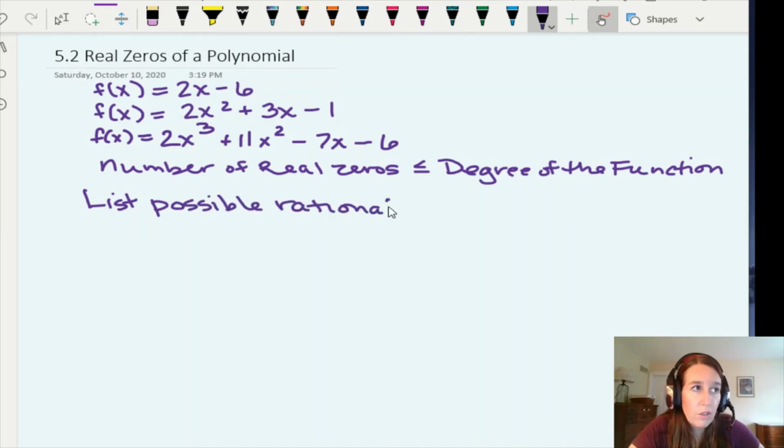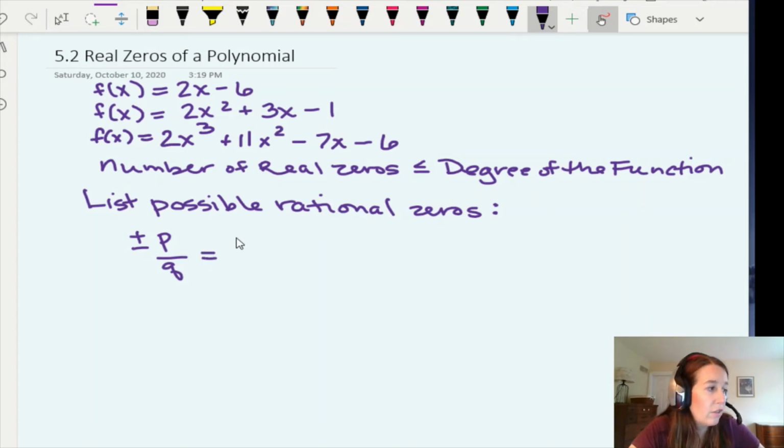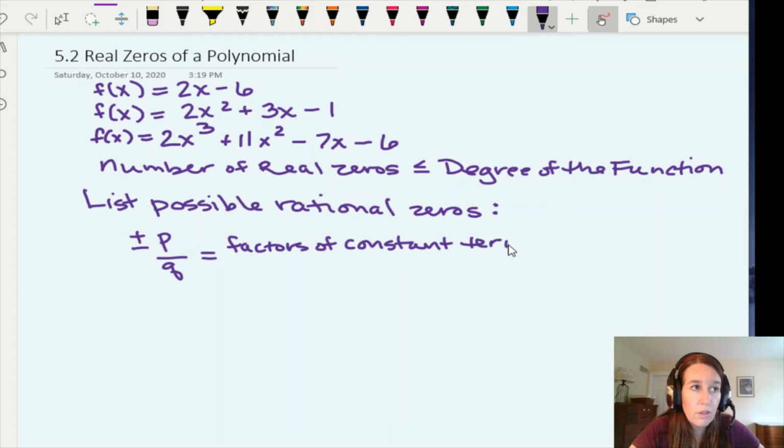The way that we do this is plus or minus P over Q. P is the factors of the constant term. In other words, the number that does not have an x with it, so in this case, -6, okay?